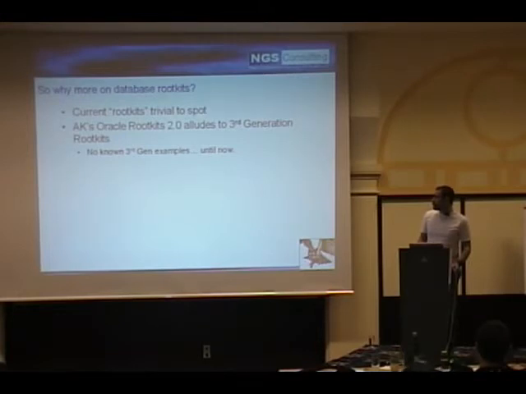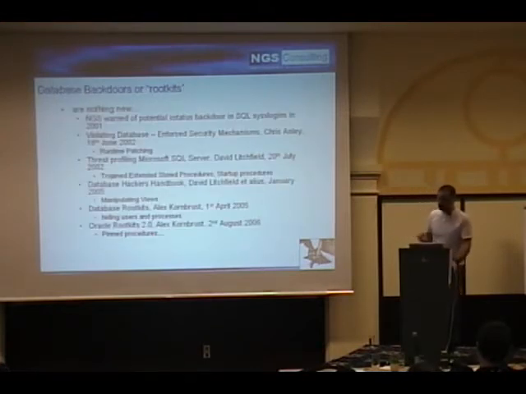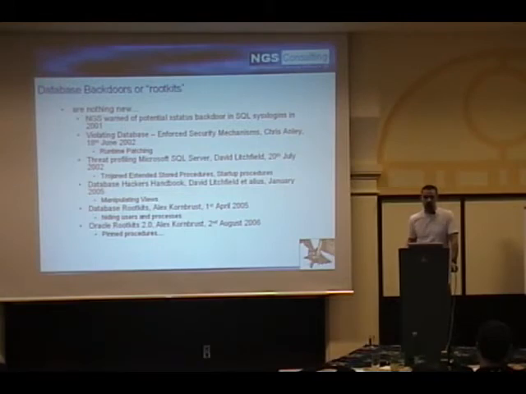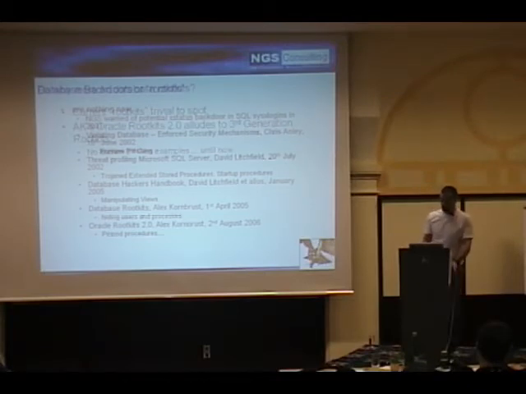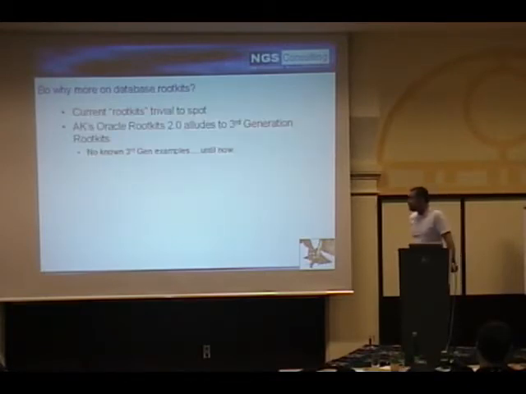The problem is current rootkits are trivial to spot. So I'm asking the question, if we've got all this stuff on database rootkits, what's the point in having a talk today, nearly 5 years after the topic was originally broached? Why continue talking about database rootkits? Well, current rootkits are trivial to spot. We've solved that problem. We can find these things really easily.